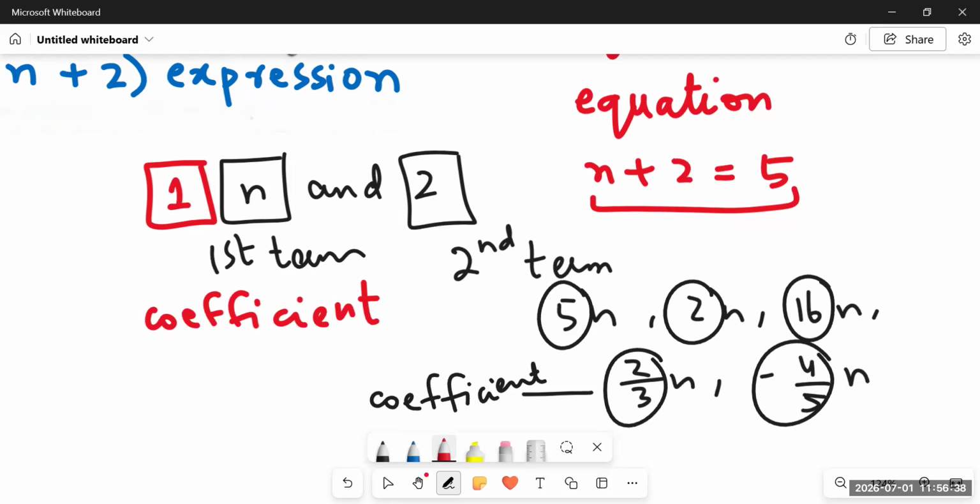And this is called a coefficient because it is the number that multiplies the variable. Always remember the coefficient is multiplied with the variable. Okay. And then the number all alone without any variable is called a constant. So here 2 is a constant. So these are the basics of algebra.